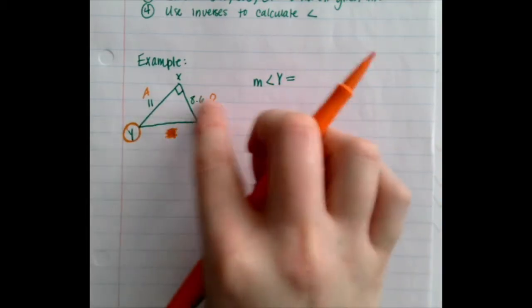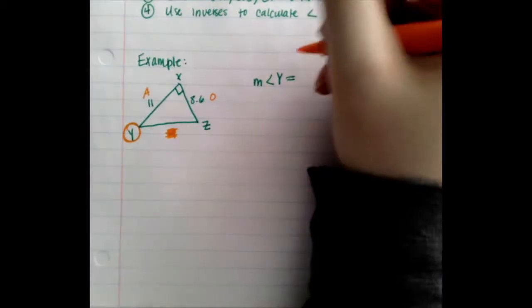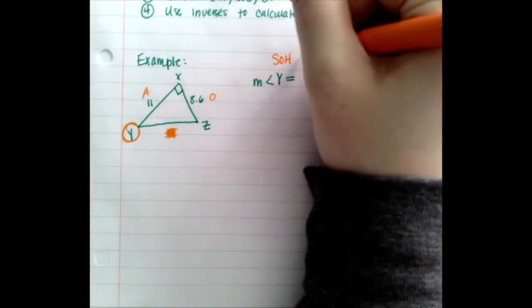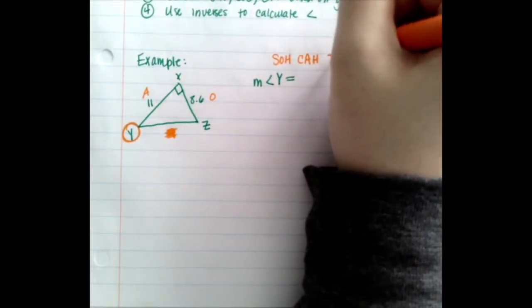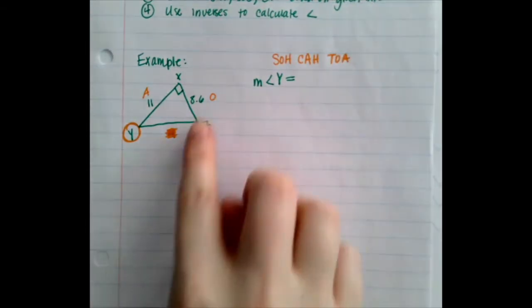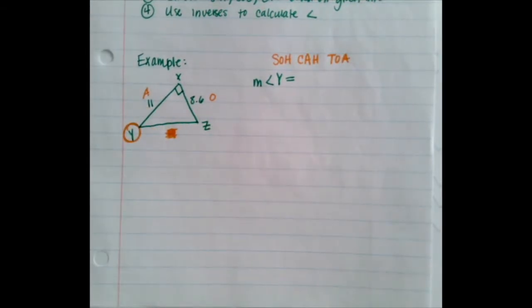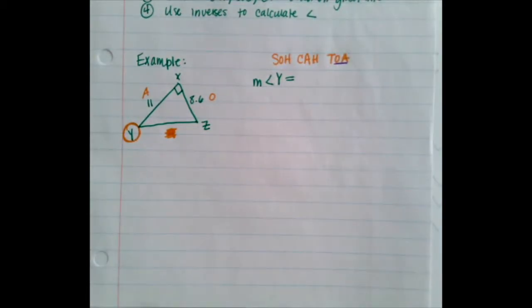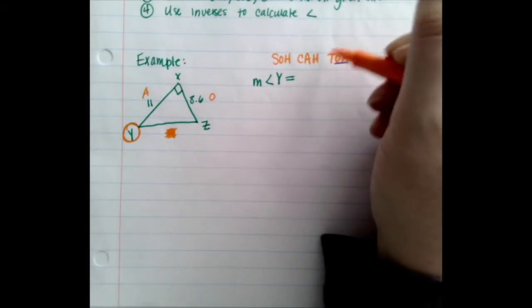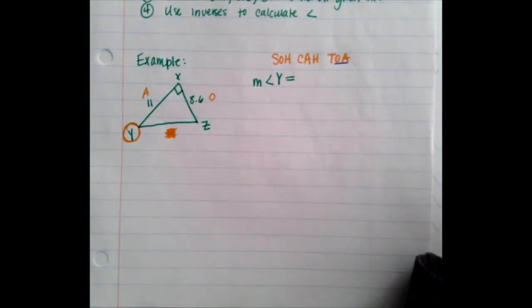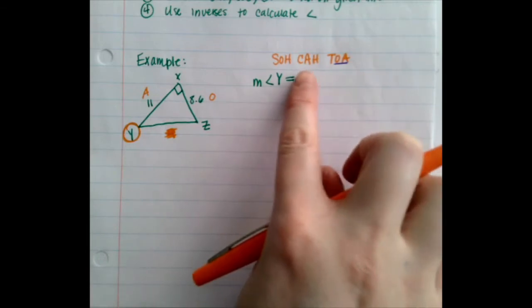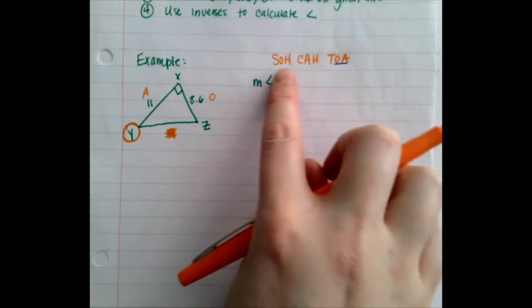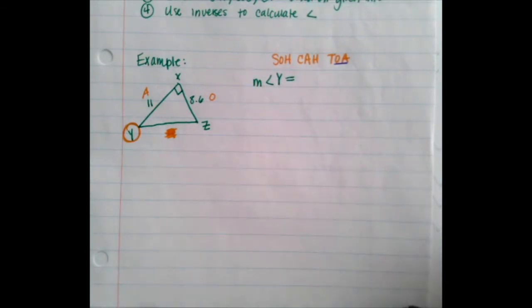Using these two letters, I need to figure out what part of SOHCAHTOA I am able to use. If I'm given O and A, the part with O and A is TOA, so I need to use tangent for this problem. If you were given A and H, you would use cosine, and if you were given O and H, you would use sine.